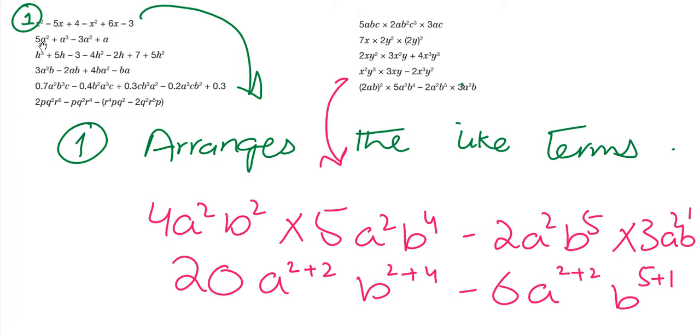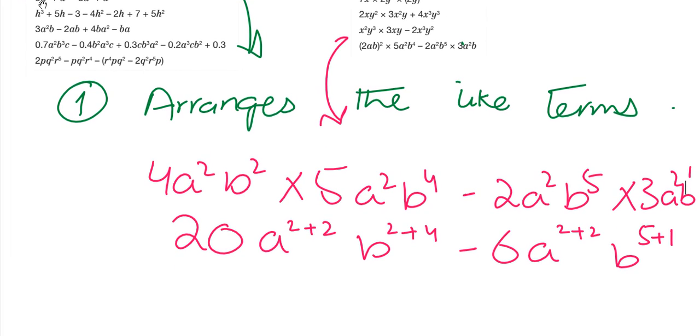All right. So now 20, a4, b6, 6, 4, 5, 6.